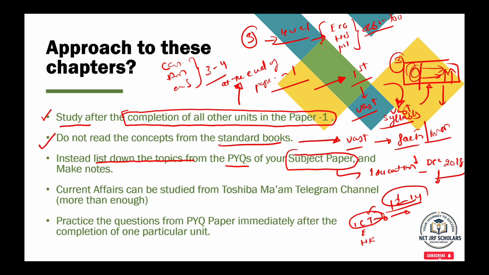So for candidates of economy, history, political science, the paper is a bit odd, especially the history units. So first finish the paper 1 concepts from these units asked in your subject paper and make notes accordingly. Then, after making the notes, attempt those previous year questions by downloading the question papers from the NTA website.